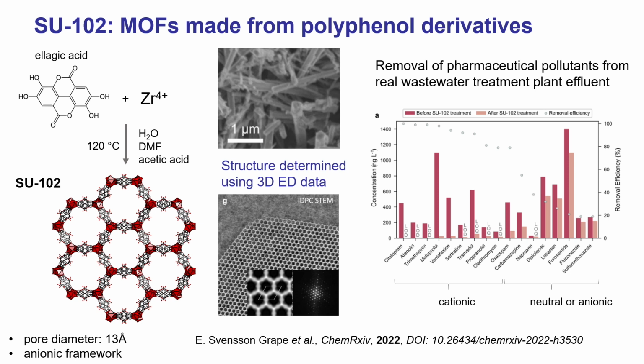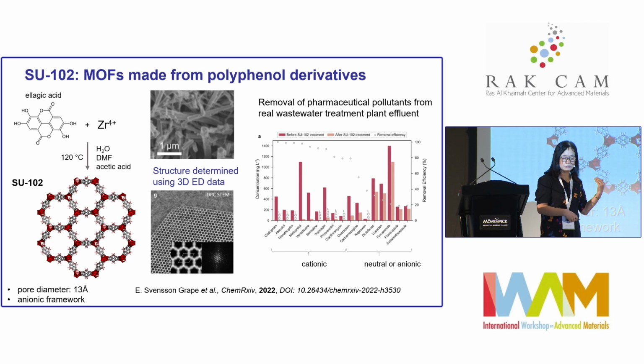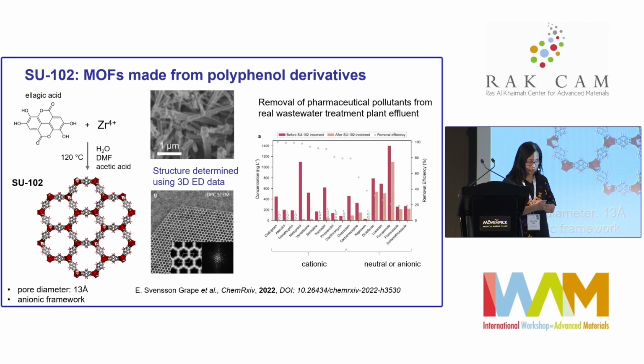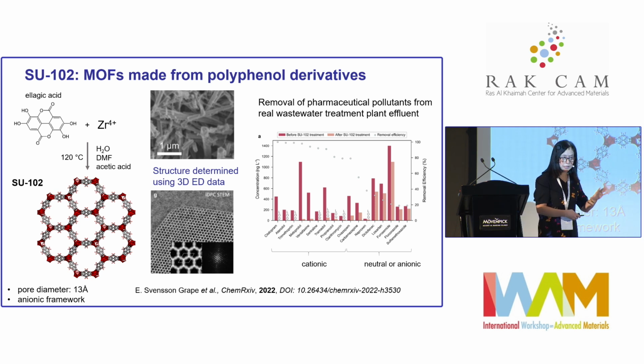This one is interesting. It can be used to treat pharmaceutical pollutants from wastewater. It's an anionic framework, so the cationic pharmaceutical pollutants can be absorbed, as you see here.